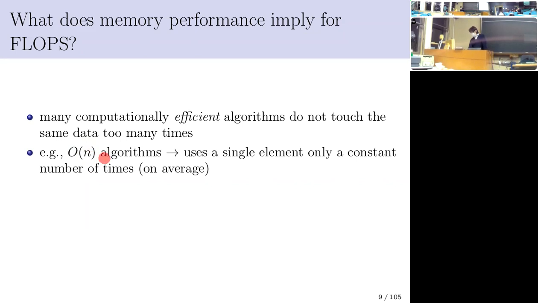If you have an order n algorithm, it uses a single element only a constant number of times on average.